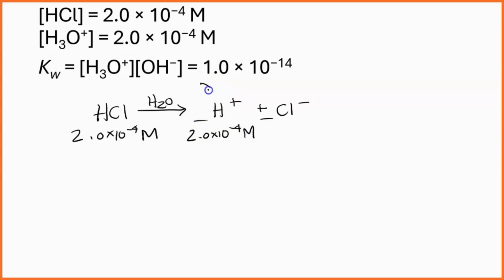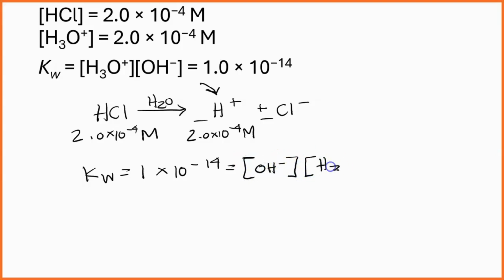I'm really focused on this hydrogen ion concentration, and we're trying to find hydroxide's concentration. I know that Kw equals 1 times 10 to the negative 14, and that's going to equal my hydroxide times my hydronium.